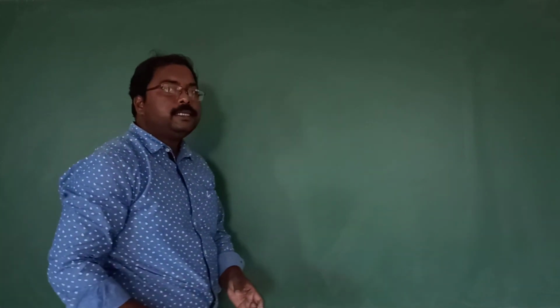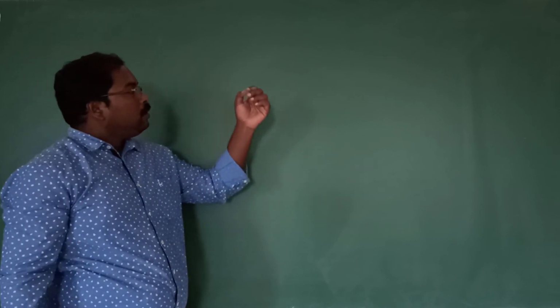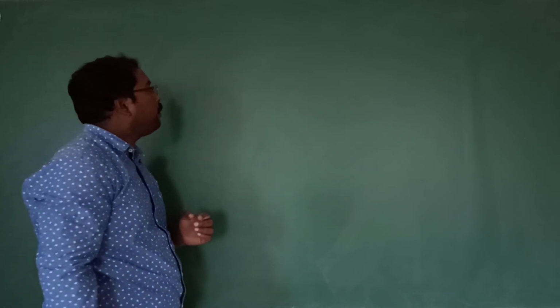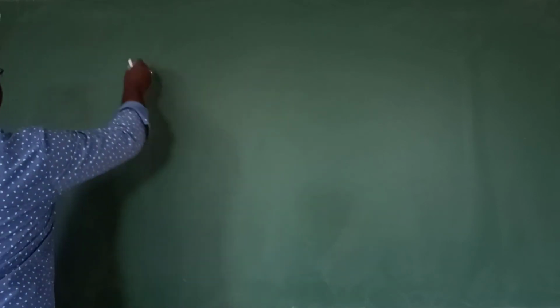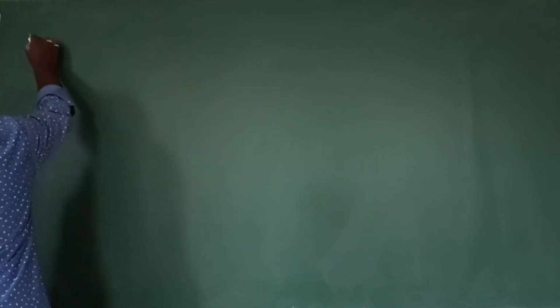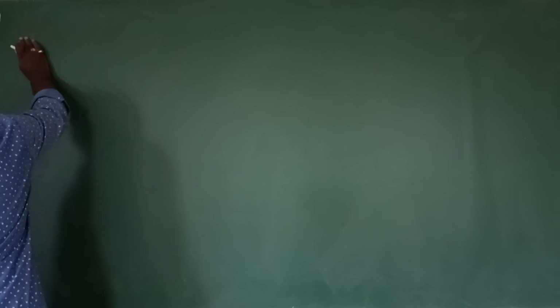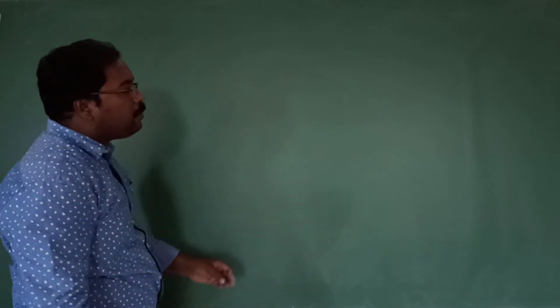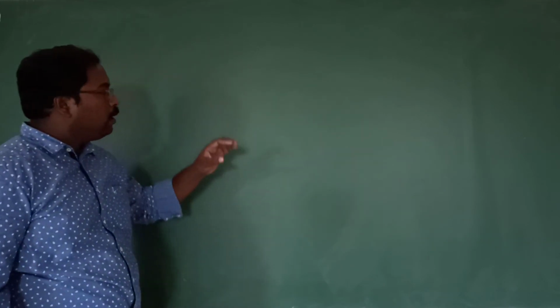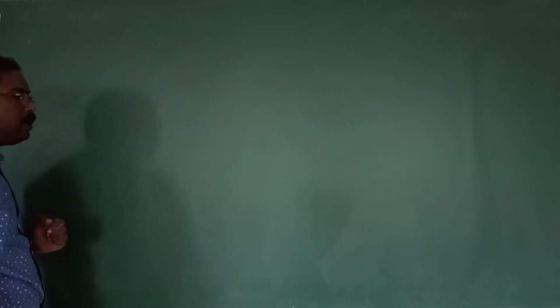Now, let's solve some numericals based on Planck's quantum theory. Now coming to the first question. I think we already discussed one theory question. But before discussing that question, let us note down one formula regarding Planck's quantum theory.